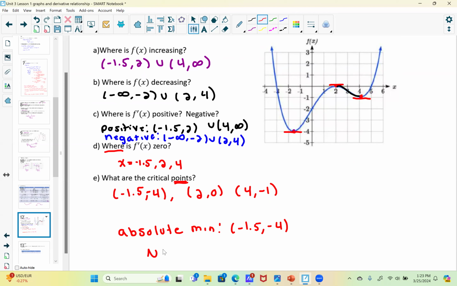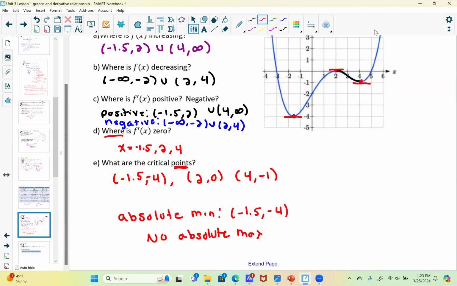And then there is no absolute max because my function keeps going up, and so the y value keeps increasing. So that's just a summary of how the derivative is related to the increasing, decreasing, and the turning points.